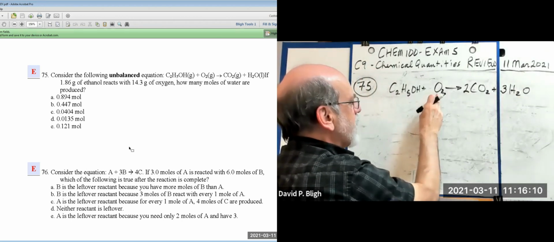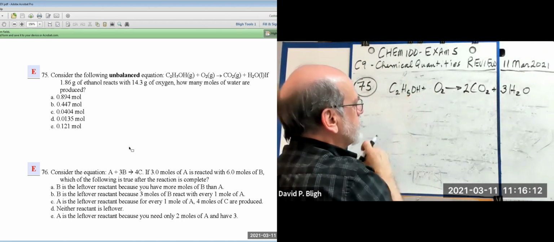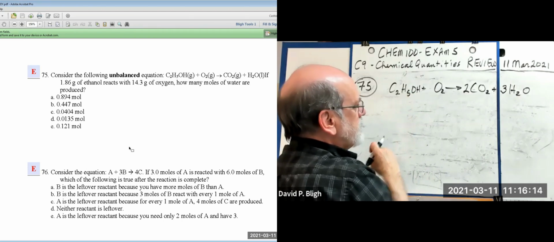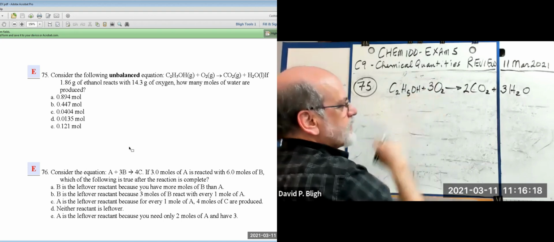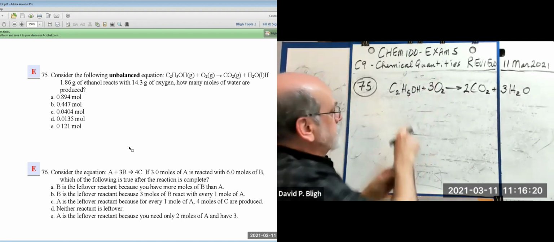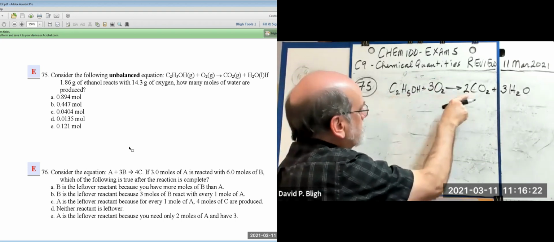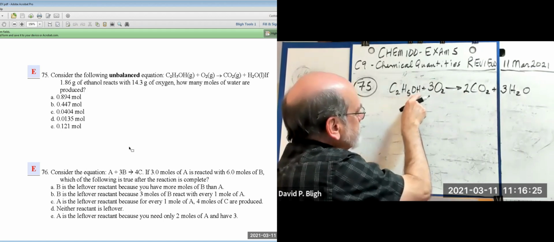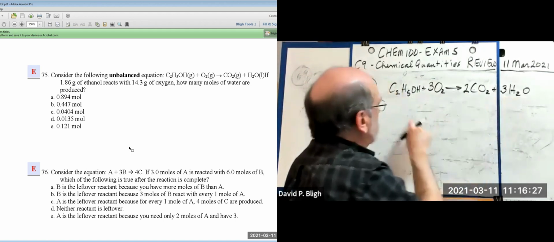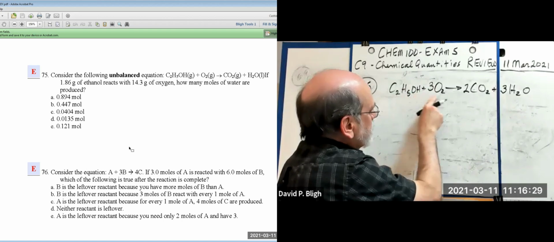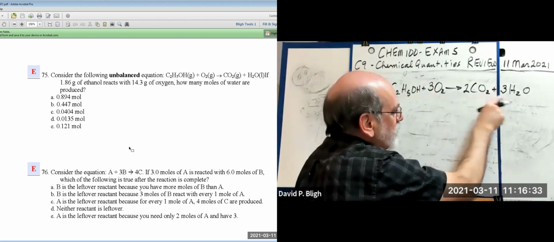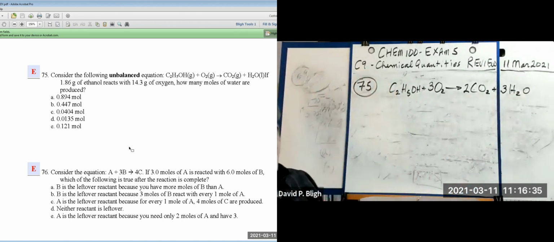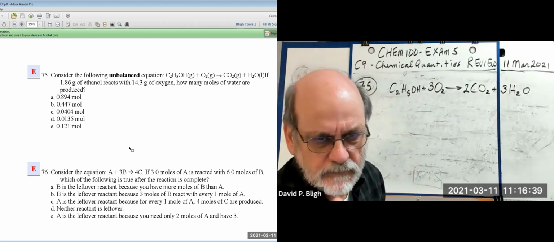And over here we have 2 and 3. So if we say 3 times that, that would give us 6 oxygens plus 1 is 7. So let's check it. 2 carbons, 6 hydrogens, 1 plus 6 is 7 oxygens, 4 plus 3 is 7 oxygens. Okay, so we're balanced.